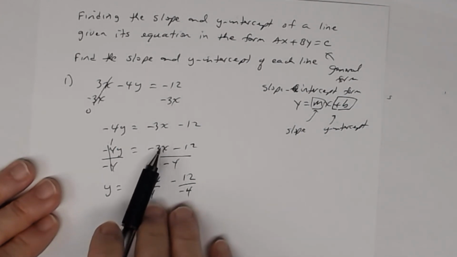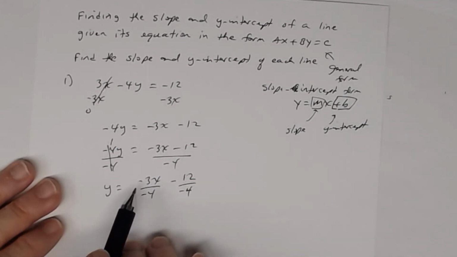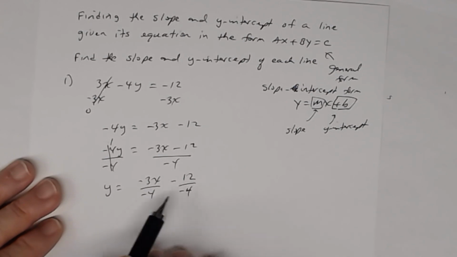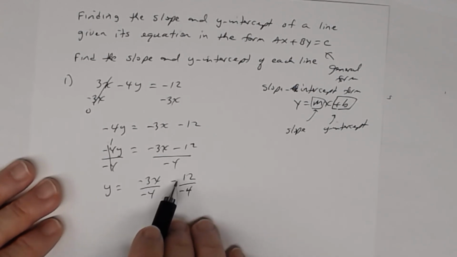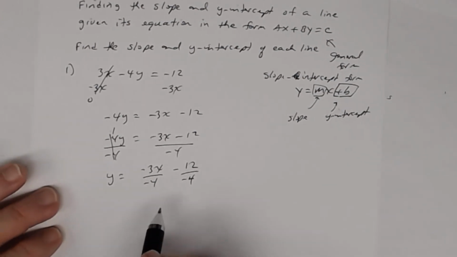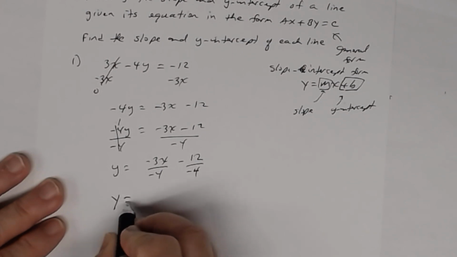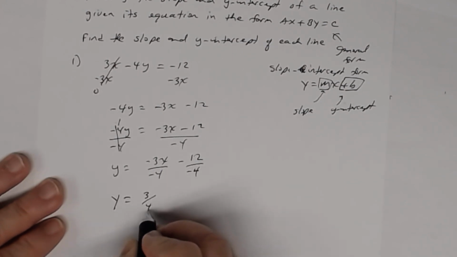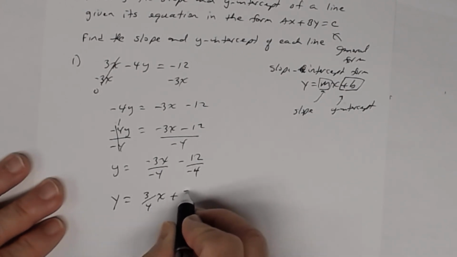A negative divided by a negative is a positive, and negative 12 divided by negative 4 is a positive 3. So now we rewrite this as y equals positive 3/4 x plus 3.